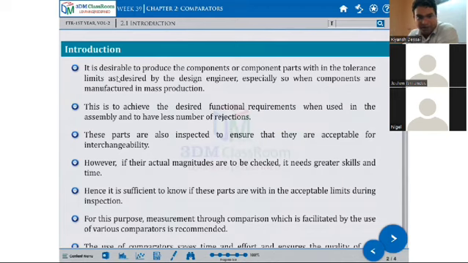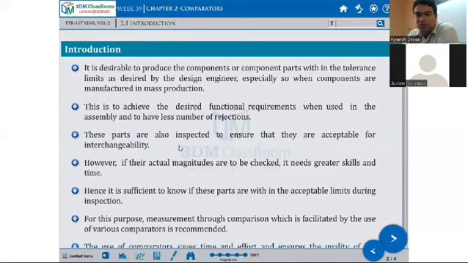Introduction. It is desirable to produce the component or component parts within the tolerance limit as desired by the design engineer, especially so when components are manufactured in mass production. So this is to achieve the desired functional requirement when used in the assembly and to have fewer rejections.